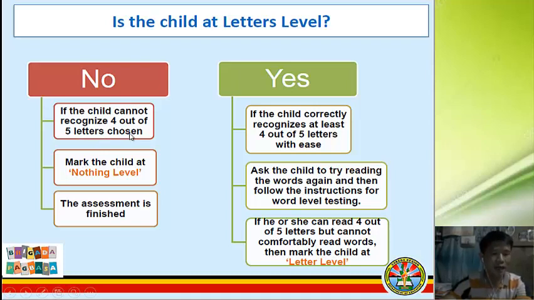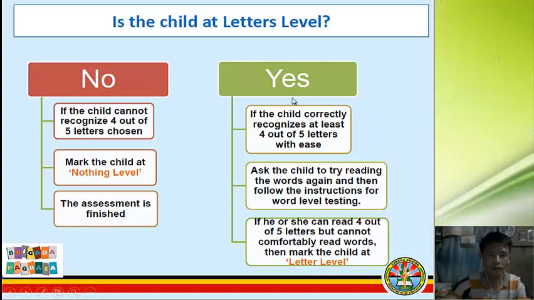This is what I've said: at least 4 out of 5, at least 2 out of 3, at least 6 out of 7. At most there's only 1 mistake. And if he or she cannot recognize 4, then he or she is not considered at the letters level. Then mark the child as nothing level, and the assessment is finished.